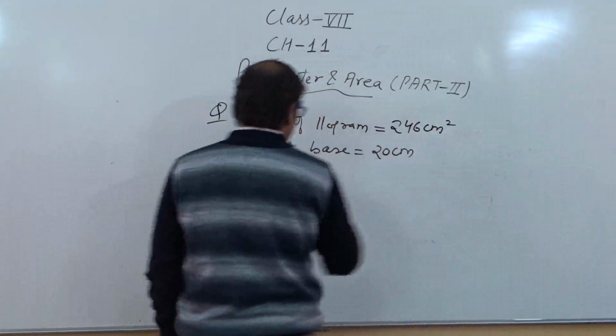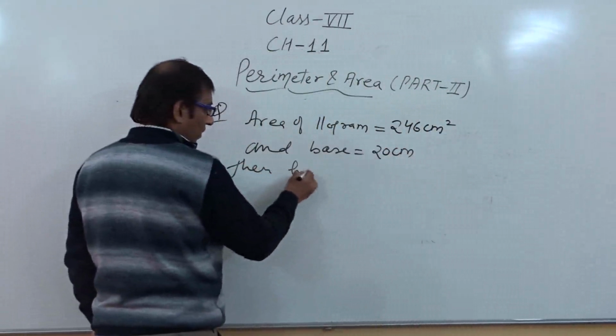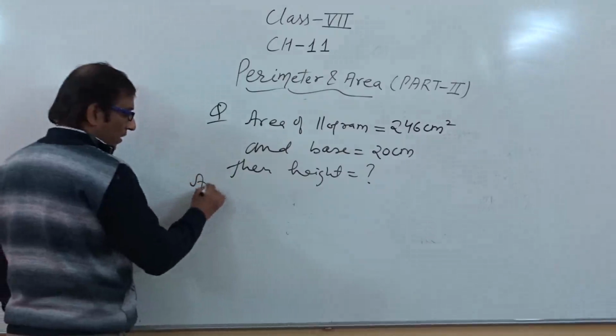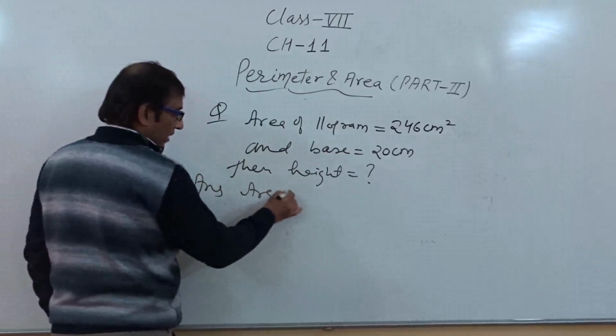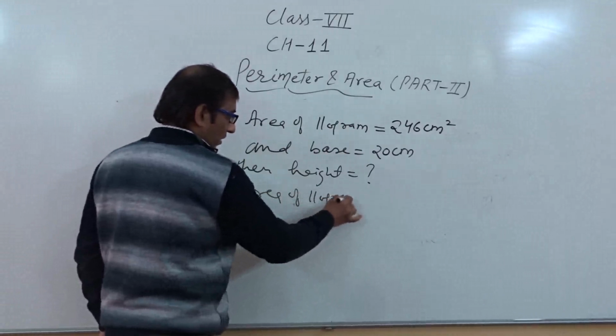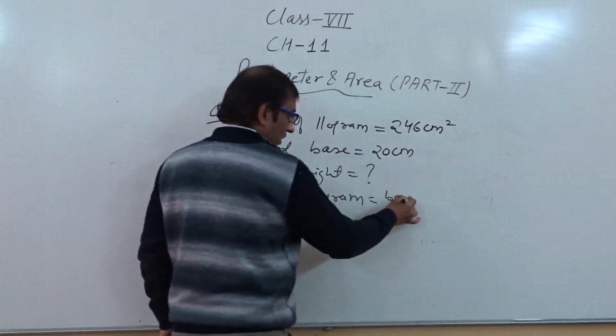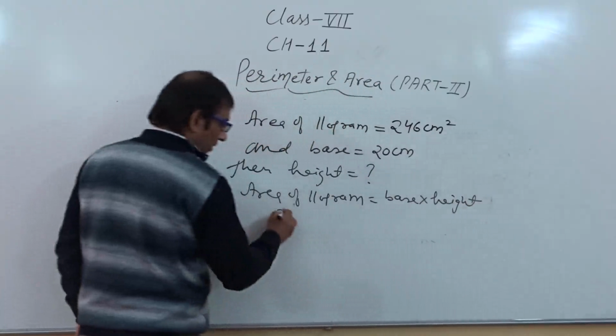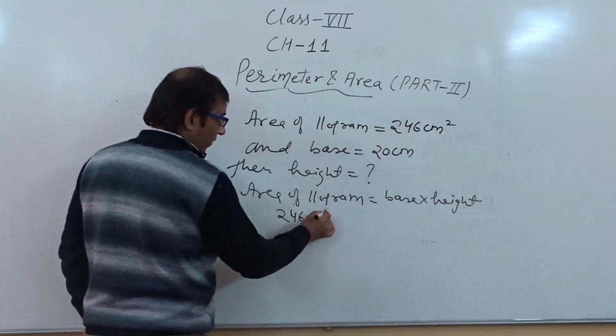Then how can we calculate the height of the parallelogram? This is the question. So how can we write? We will write area of parallelogram is equal to base into height. As per the concept, this is your 246 centimeter square.